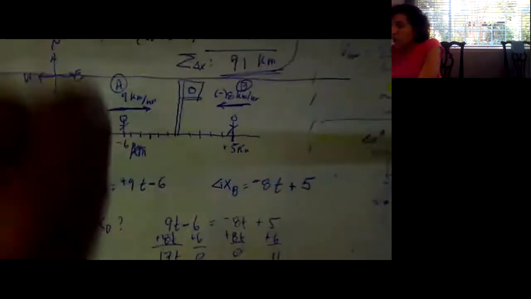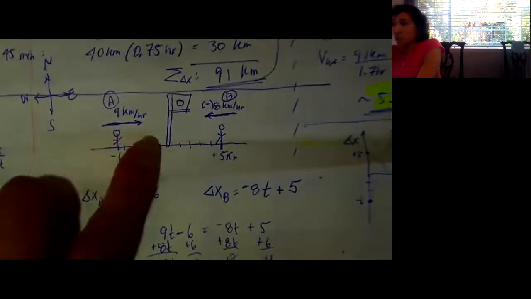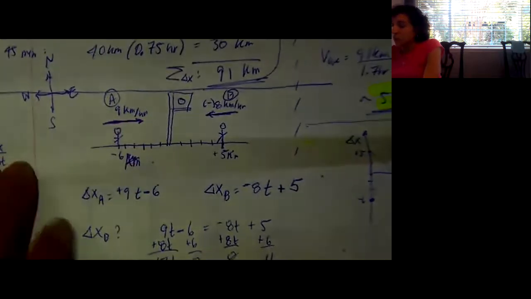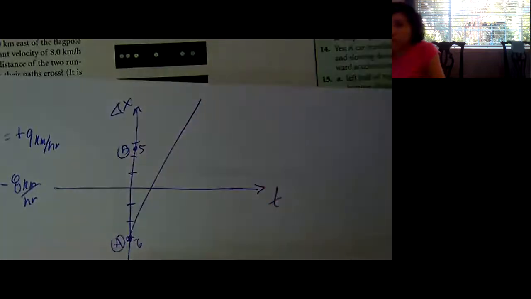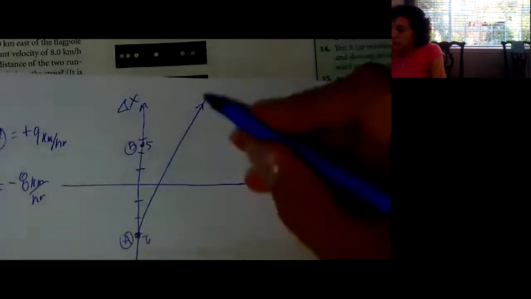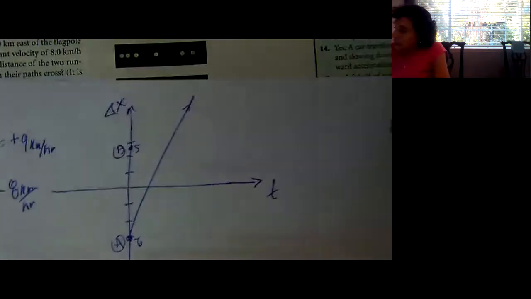This guy here is going to the right, but he starts way at the negative side. So if he's going to the right, the slope is going to be 9 kilometers per hour. Okay, he's actually faster. So from down here, he's going to go, I'm trying to make it very steep. There we go. That's supposed to be steep. All right, so this is my A guy. He's going, and his slope is, what did I say, 9 kilometers.